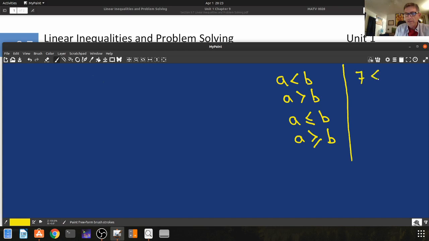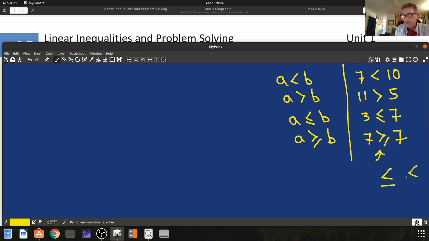7 is less than 10. 11 is greater than 5. 3 is less than or equal to 7. 7 is greater than or equal to 7. So remember these signs with the extra little bar, and you can draw them this way if you wish instead of along the diagonal.